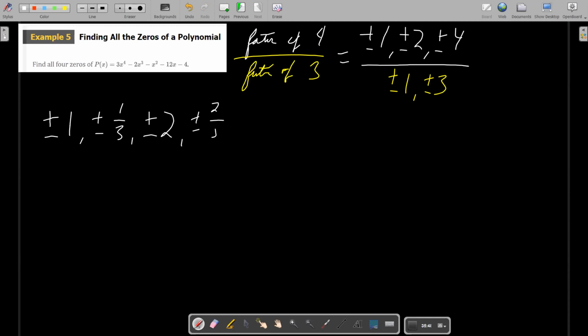And I am not going to cheat this time. We're going to do this the hard, long way. And plus or minus 4, plus or minus 4/3. I'm going to regret this, I know. Wow. Okay, so let's begin.